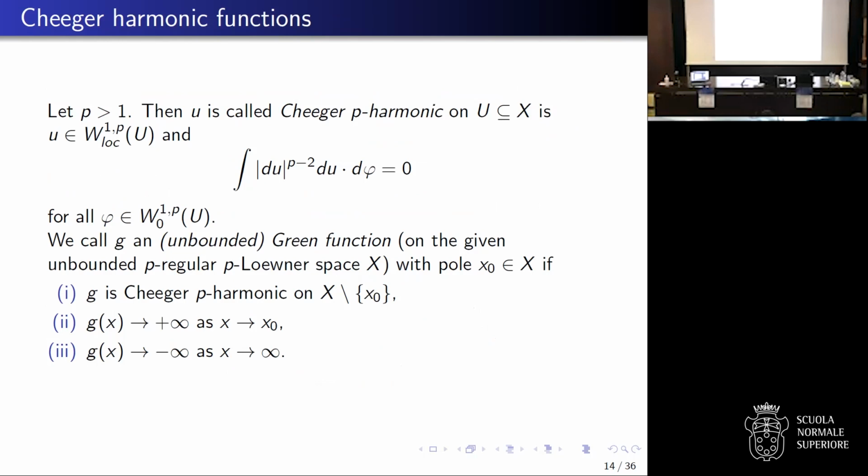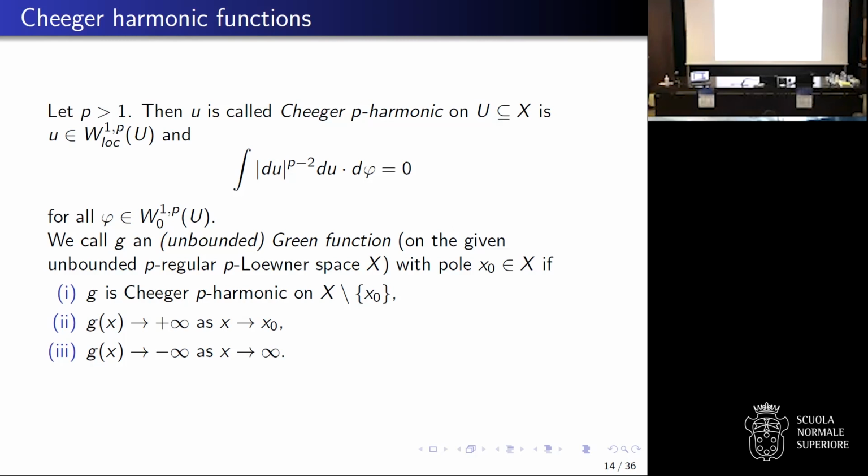Now you can define harmonic functions just by this distributional equation here, right? You have a function, you assume some suitable Sobolev regularity, which makes total sense in this setting. You have an inner product, and then you can again require this distributional equation for suitable test functions. Here you take Sobolev functions that vanish near the boundary of U in a suitable sense.